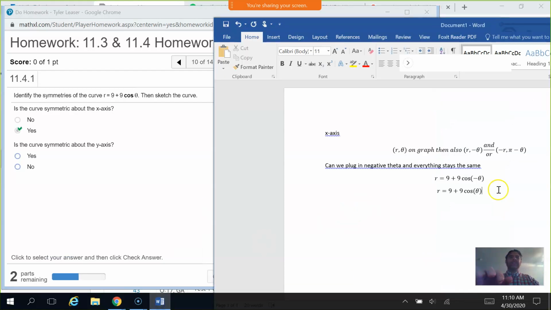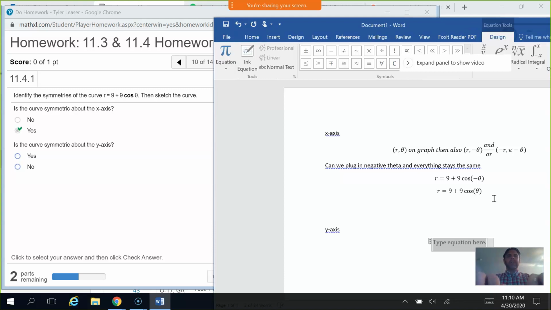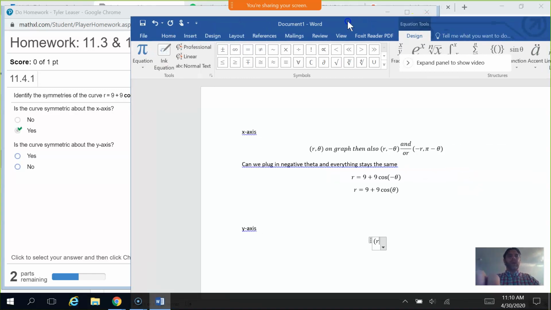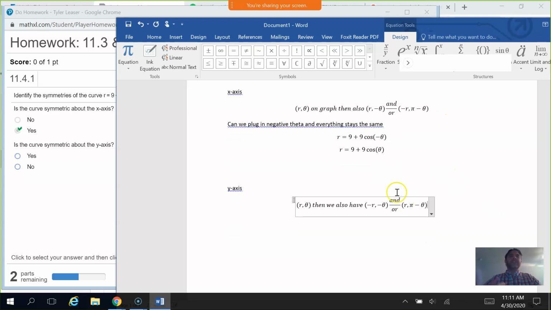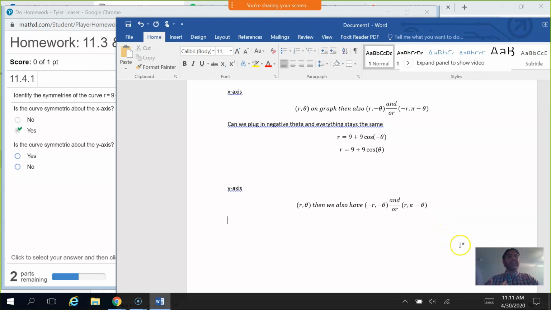To see if it's symmetric to the y-axis, again, there's a nice little formula or process. For something to be symmetric to the y-axis, if (r, theta) is on the graph, then we also have, for the y-axis, two different options: either (negative r, negative theta) has to work, and/or the other one is (r, pi minus theta). You could try either one because they really are the same thing.